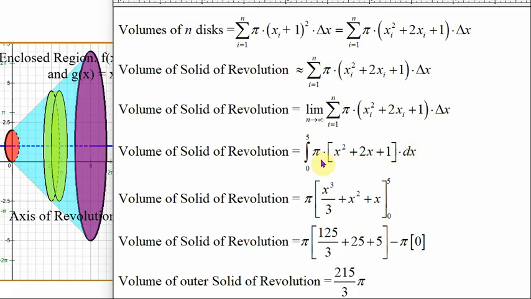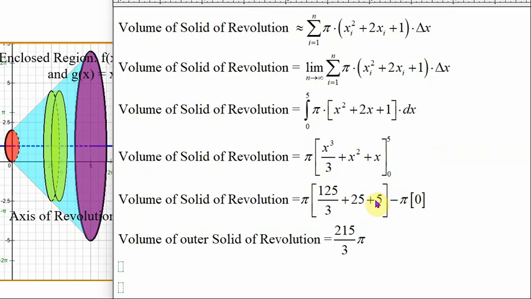To evaluate this definite integral, the integral of x squared is x to the third over 3, the integral of 2x is x squared, and the integral of 1 is just x. Evaluating from 0 to 5, when x is 5, we get 125 over 3, 25, and then 5. And when x is 0, we just get 0.